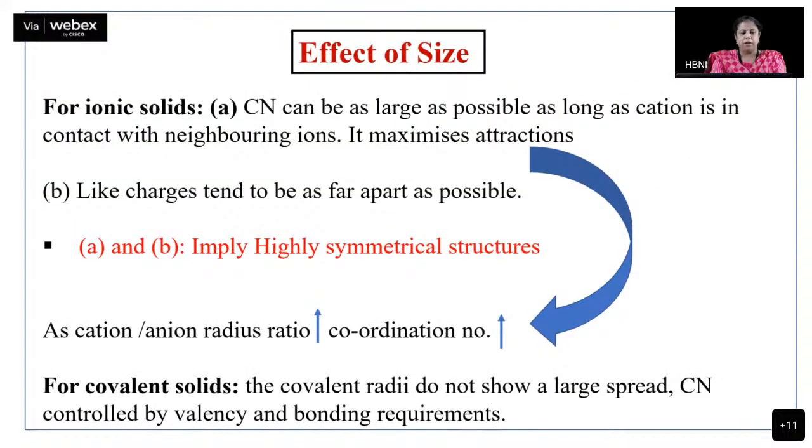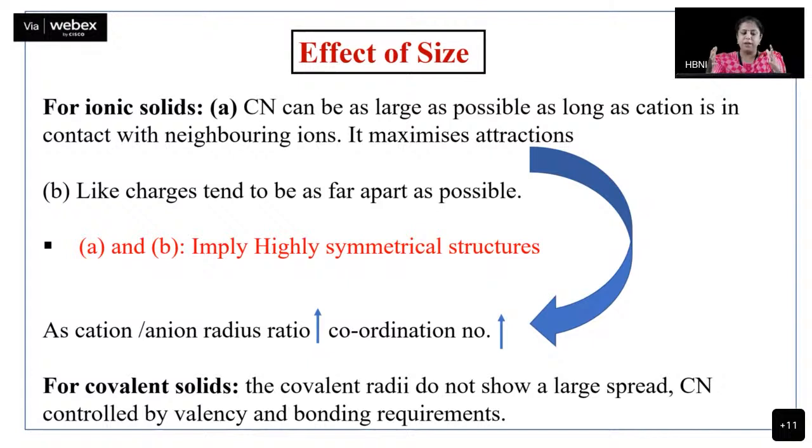Effect of size. Now don't look at the screen, look at me. What is the effect of size? As I said, in case of your ionic solid, because of the stability endowed upon it by electrostatic attraction, it will tend to have as many anions around it as possible. Now there is another factor.